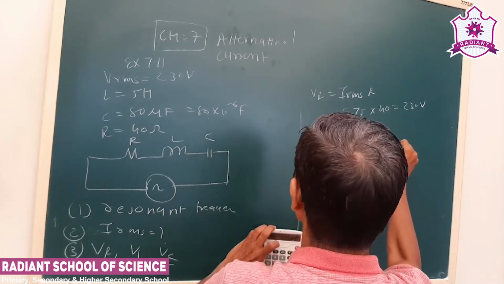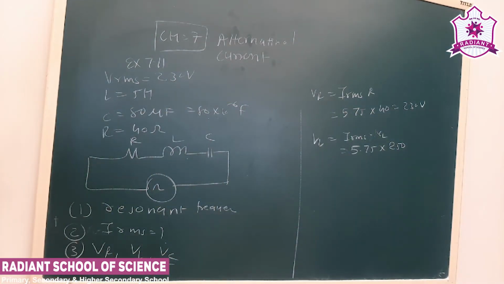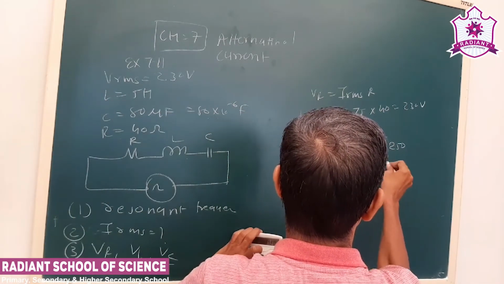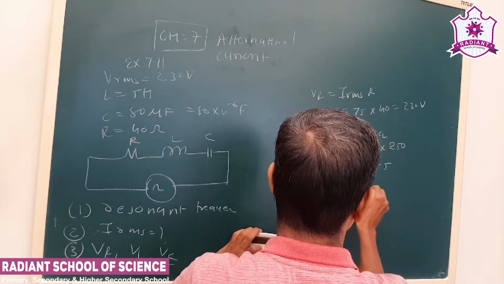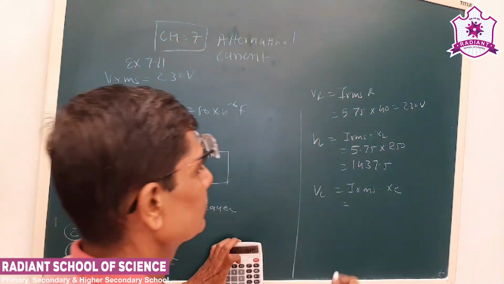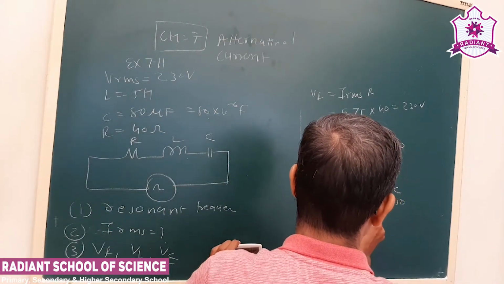XL is how much? 250. So we can obtain VC also. See what we can see, both have the same value. Current is the same in series. XL and XC are equal.